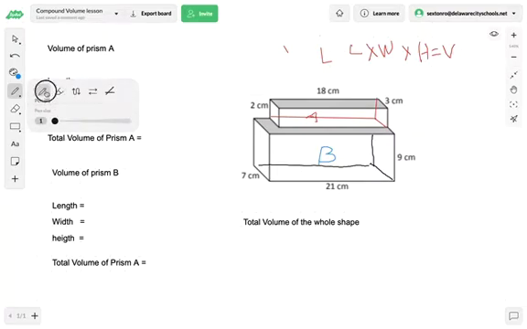I'm looking at just this length of prism A. If I find just the length of prism A, this top one's prism A, the length is going to be how long it is across here. Doesn't tell me exactly how long that line right there is, does it? But it does tell me how long this line is.